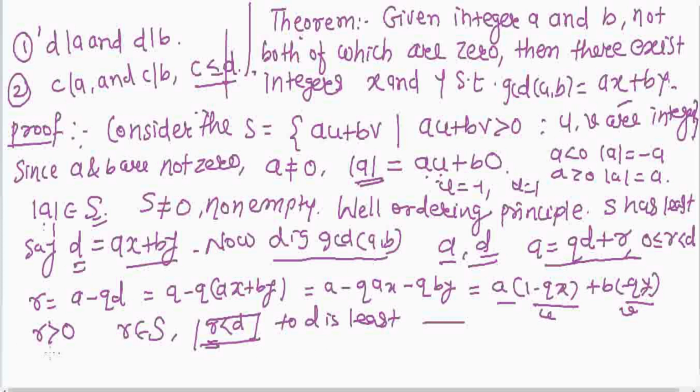So it is not possible that R is greater than 0. That means R is equal to 0.